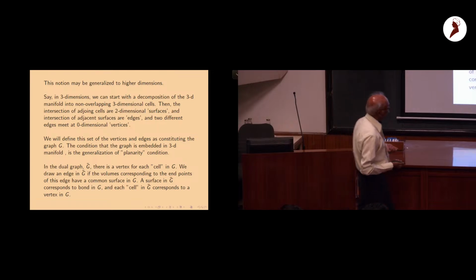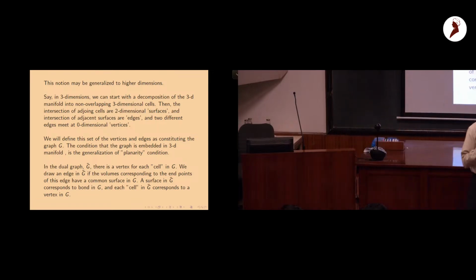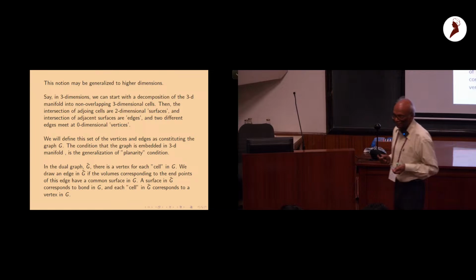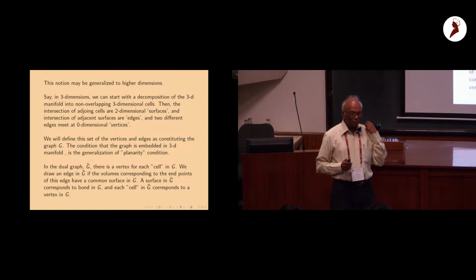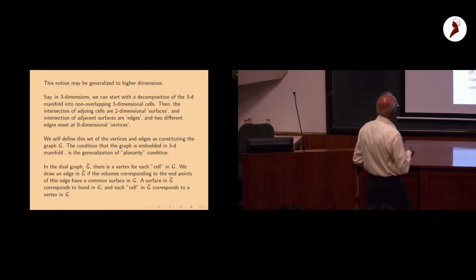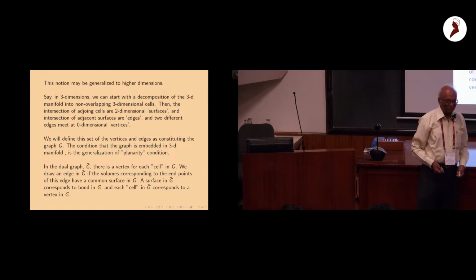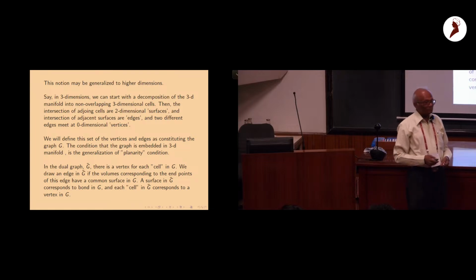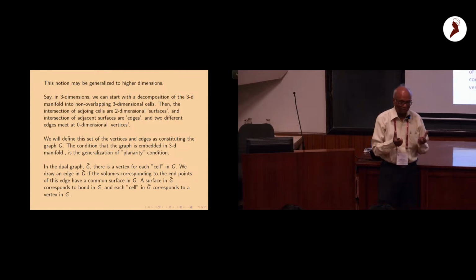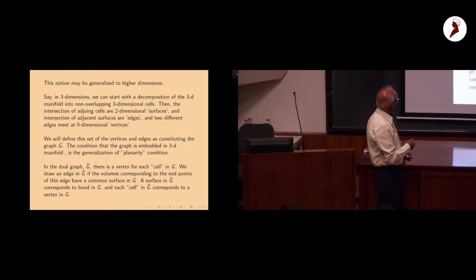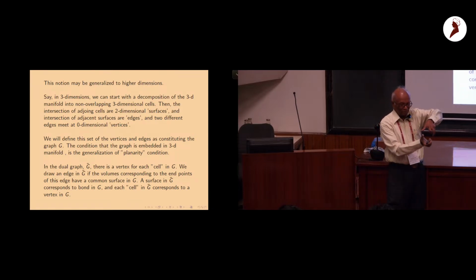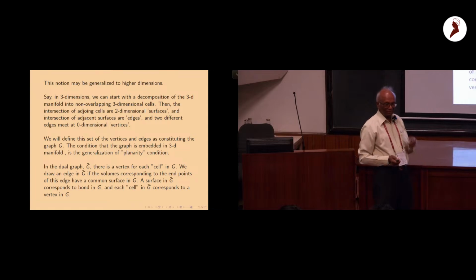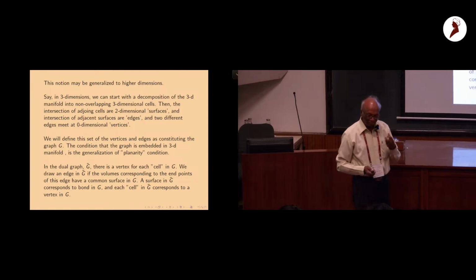Okay, so this notion, now my picture drawing capabilities become stretched a little bit, but you can do this in 3 dimensions, and you can do this in your head. So suppose I take some 3-dimensional space, I break it up into 3-dimensional cells, and then if there are 2 cells which are touching each other, there is a face, which is a polygon.